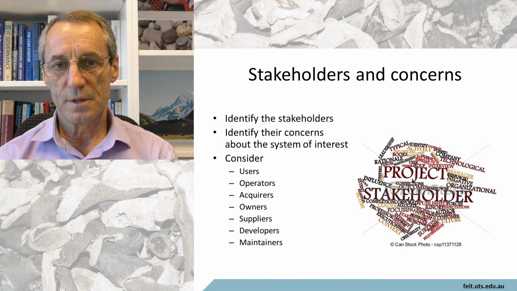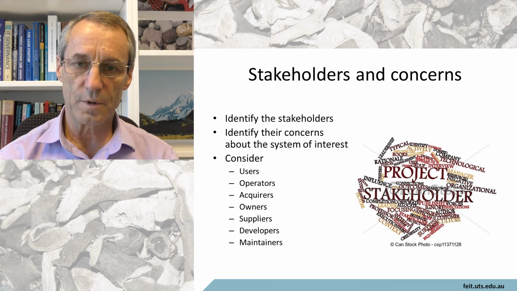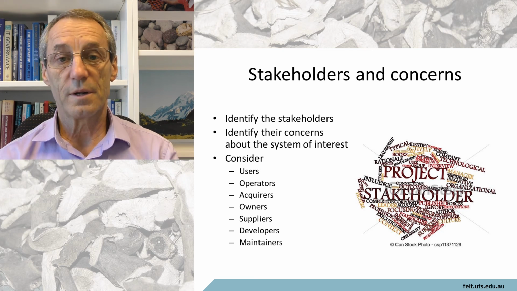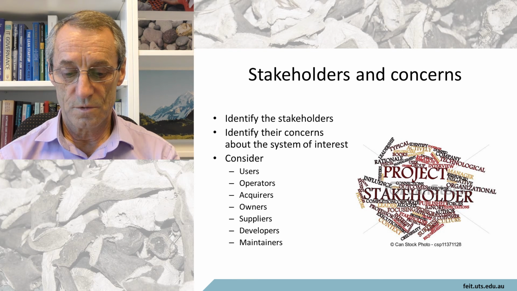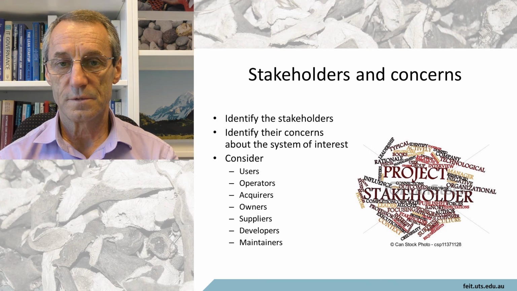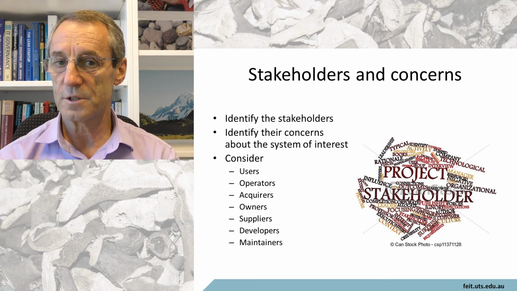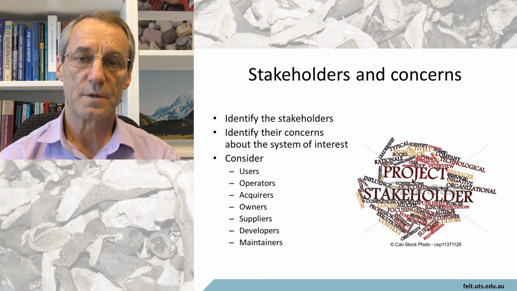We consider, as stakeholders, the users, the operators, the acquirers, the owners, the suppliers, developers, maintainers. Any more? Regulators? That would probably be enough. You might split the developer into the developers' managers or the developers' organization, but developers can encompass all those.